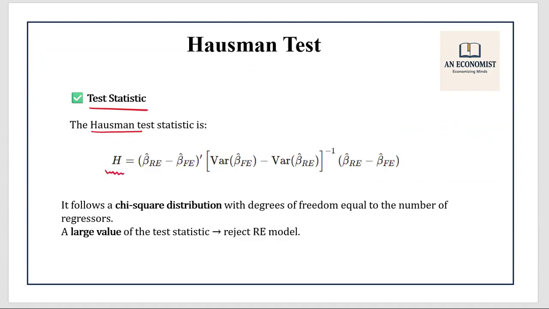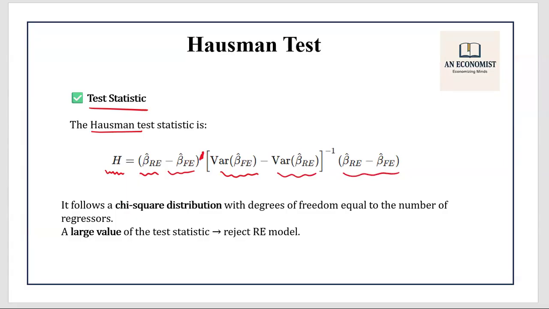The Hausman test statistic is denoted by H. The first term is beta cap RE, the estimation under the random effect model, minus the coefficient estimation under the fixed effect model, and the transpose of that. Then we have the variance of beta cap fixed effect minus the variance of beta cap random effect, and the inverse of that multiplied by this.